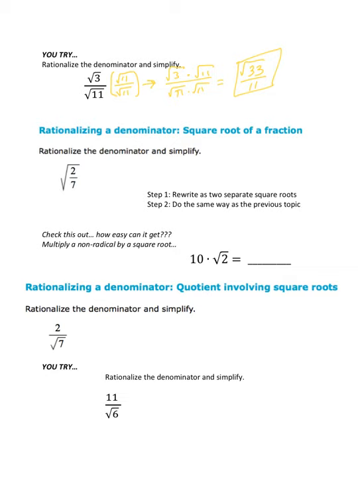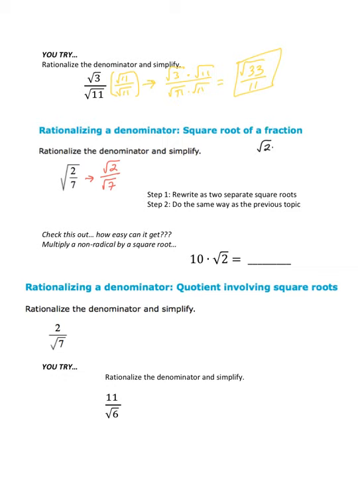Now we're going to show it to you, and it looks weird, but it's not. You can rewrite this as square root of 2 over square root of 7. It is the same thing. Okay? Now remember, I'm throwing so much at you. Let's play around for a little bit.